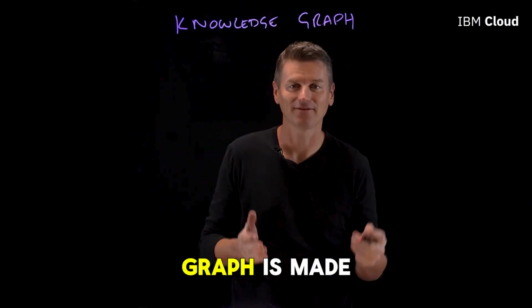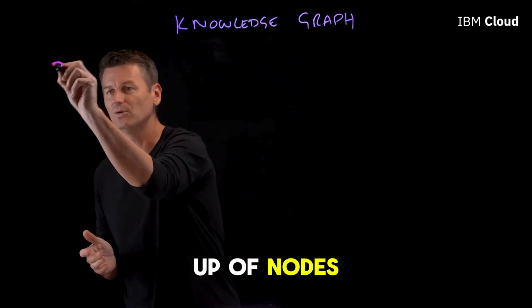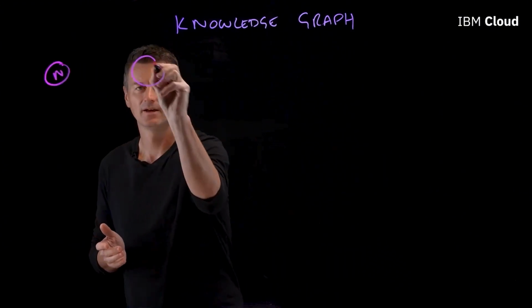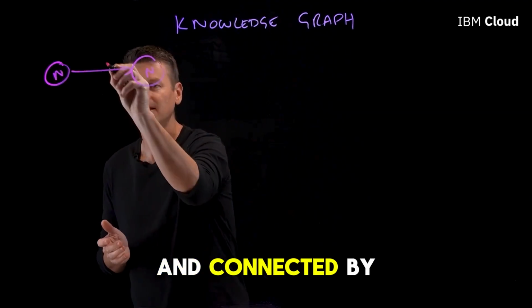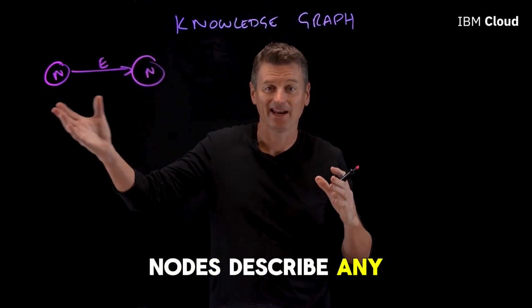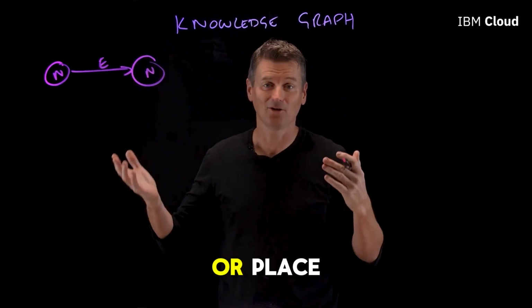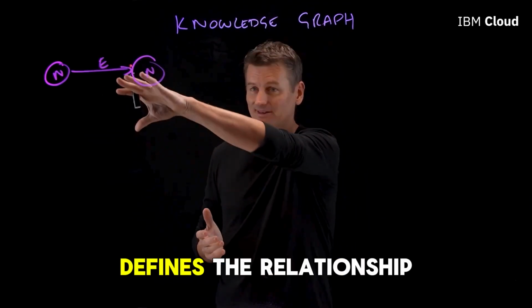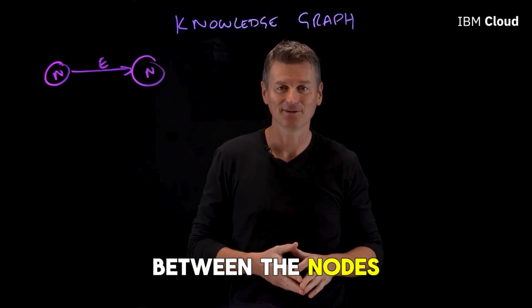Now, a knowledge graph is made up of nodes and connected by edges. Nodes describe any object or person or place, and an edge defines the relationship between the nodes.